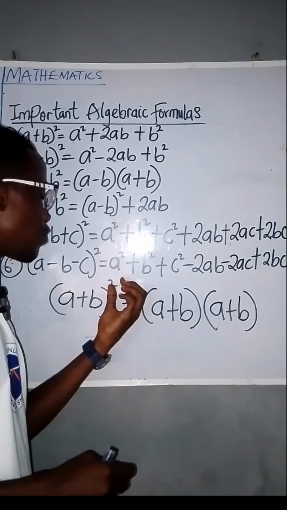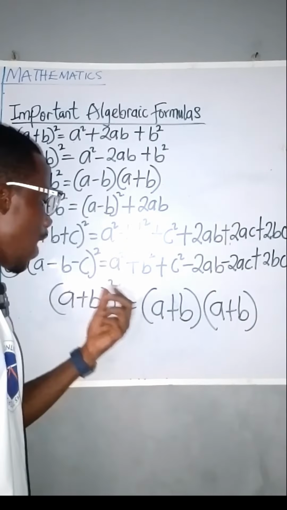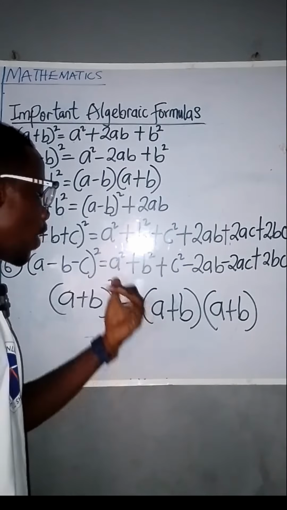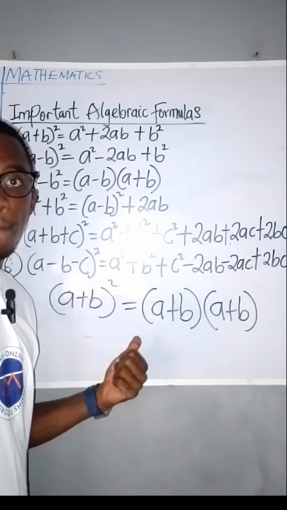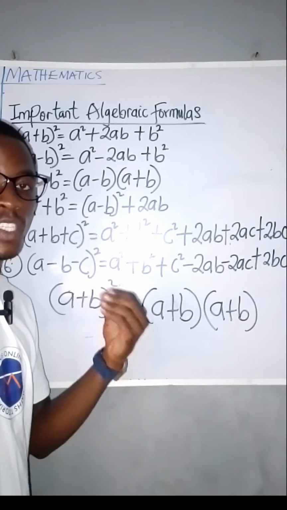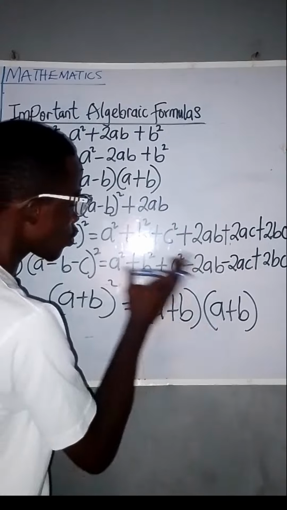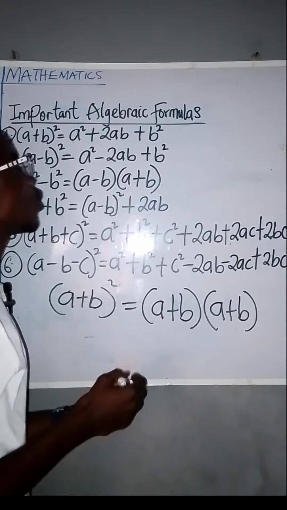That means when you have a square, it will appear in 2 places. If it has cube, which is power 3, it appears in 3 places. If you have 4, it appears in 4 places, depending on the number of the power, which is the exponent I explained in my previous video. So now I want to solve this particular question to arrive at the algebraic formula.